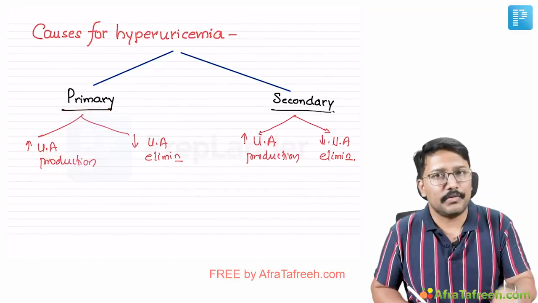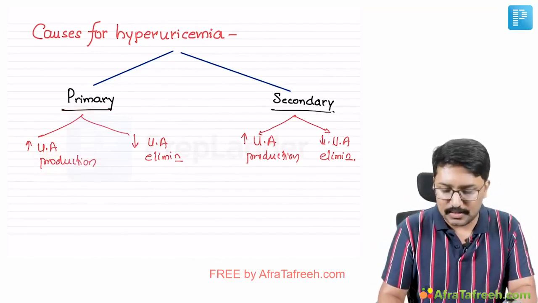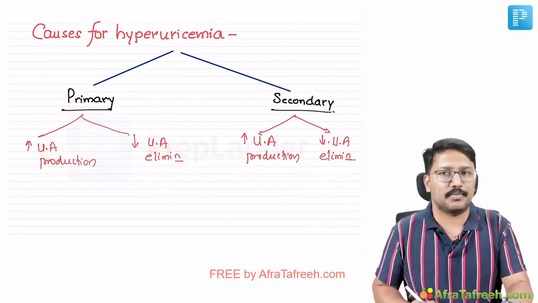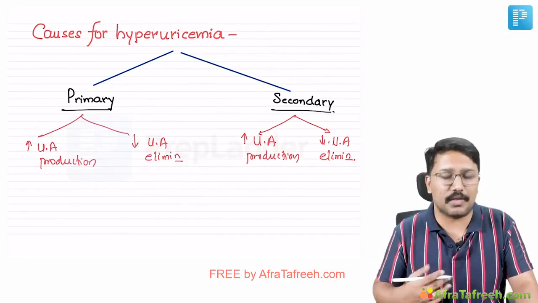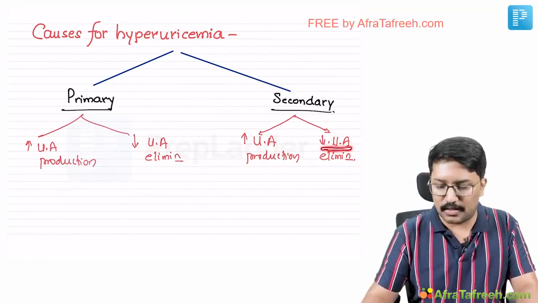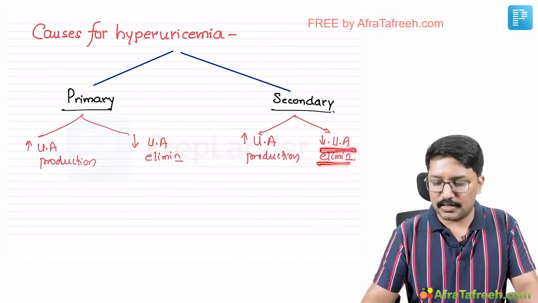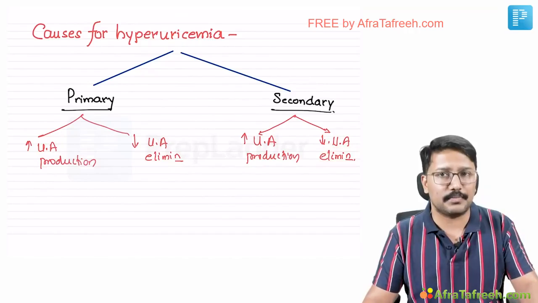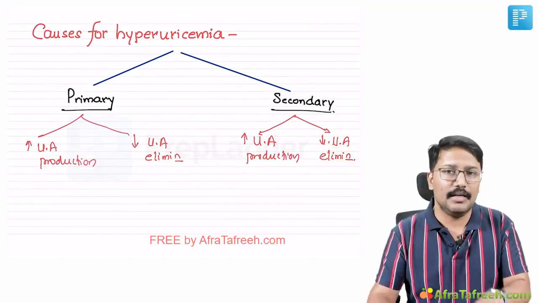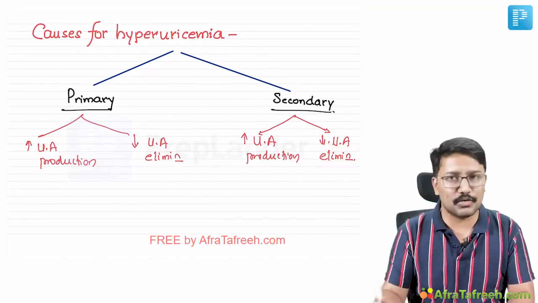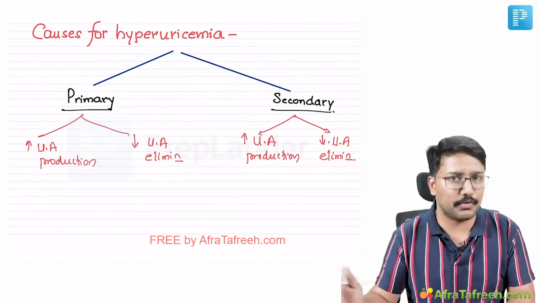Okay. Then when we talk about primary conditions where there is decreased uric acid elimination, how do you differentiate between secondary causes for decreased uric acid elimination and primary causes? So secondary causes for decreased uric acid elimination means the disorders of the kidney. So at the level of the kidney, either there is kidney disease or some drugs or something is obstructing the elimination of uric acid.